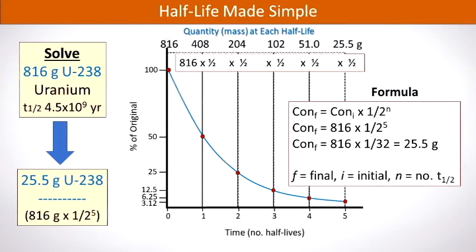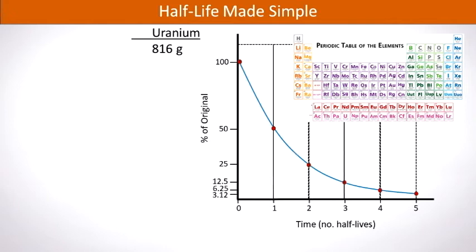So if we take the half-life degradation of 816 grams of uranium-238, which has coincidentally a half-life of 4.5 times 10 to the 9 years, we would discover that after 5 half-lives, we'd have 25.5 grams of uranium. So let's summarize this. If we have 816 grams of uranium from the periodic table, and we take it through one half-life, we would obtain 408 grams, which takes about 4.5 times 10 to the 9 years.